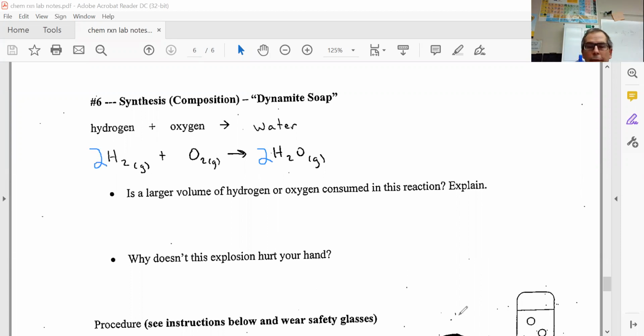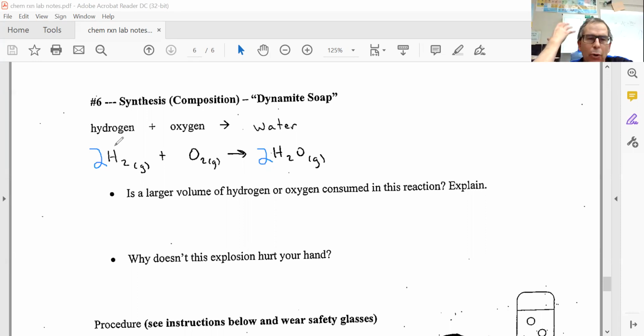Okay, there's the procedure for making the dynamite soap. And what's going to happen is a larger volume of hydrogen than oxygen is consumed in this reaction. Look at the balanced equation. These are all gases, and we follow Avogadro's hypothesis that says equal volumes of gases contain the same number of molecules.